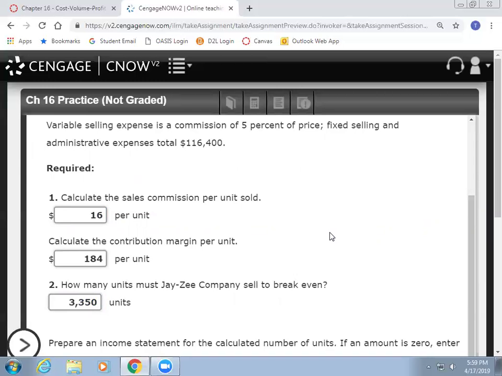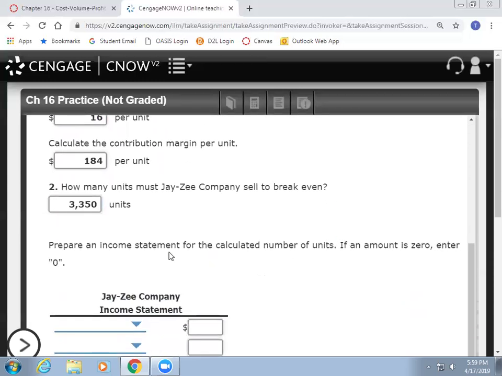So they would need to sell 3,350 units just to break even and not turn a profit. So they know anything they sell beyond that is pure profit, which is good.